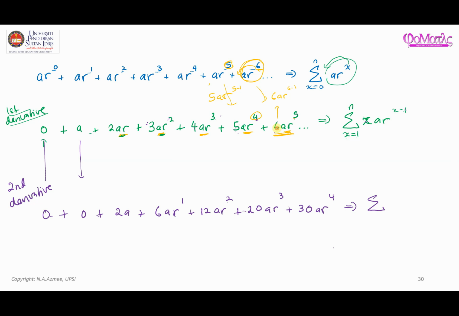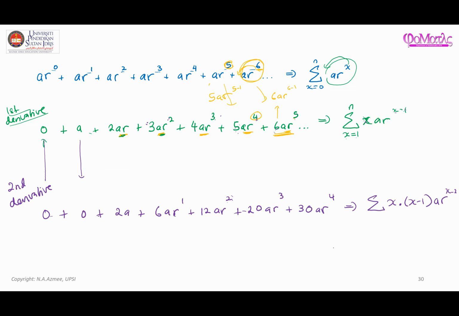So x minus 1 will be brought forward multiplied with x right here. So we have x times x minus 1, ar to the power of x minus 1 minus 1. So you see that the exponent here is reduced because we have x minus 1 subtracted one more time, so we have right here x minus 2.